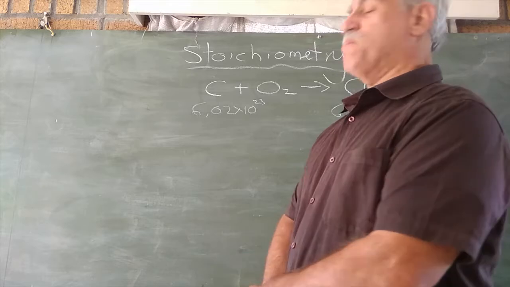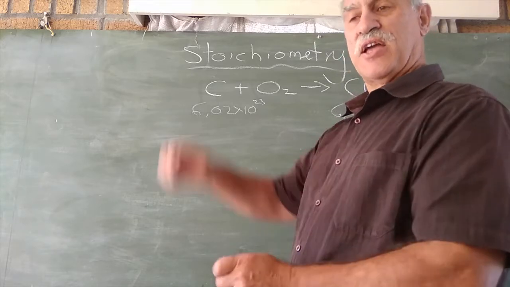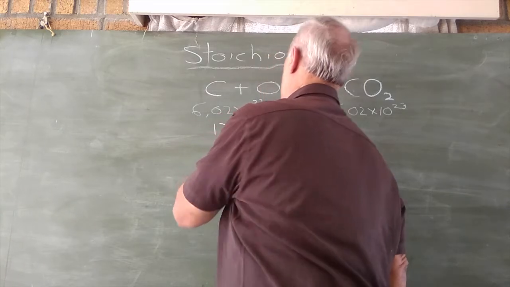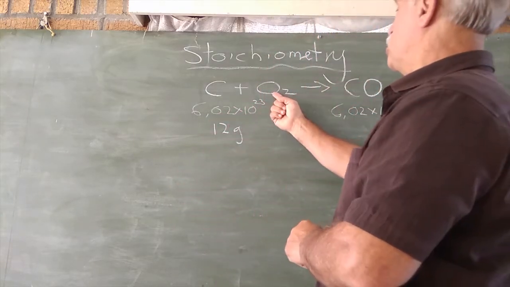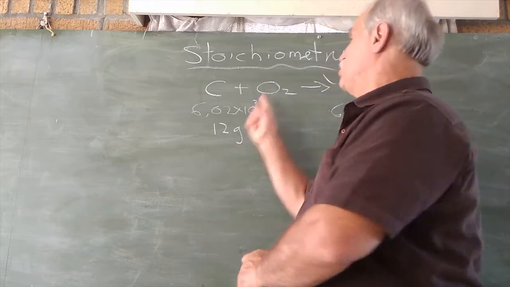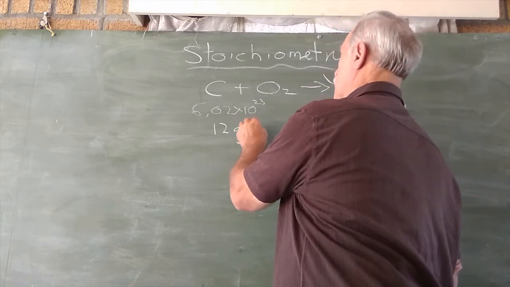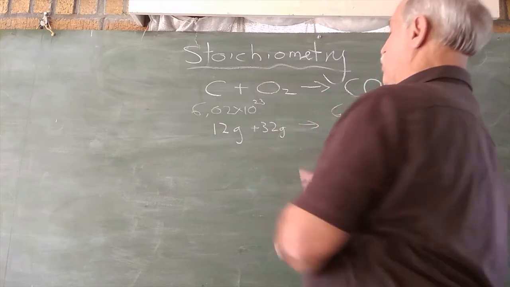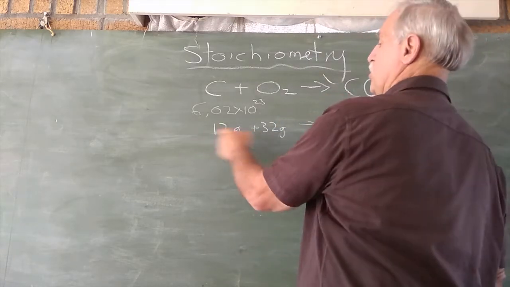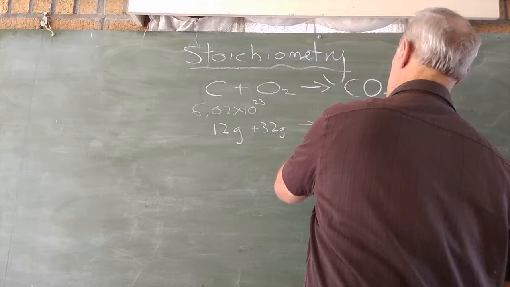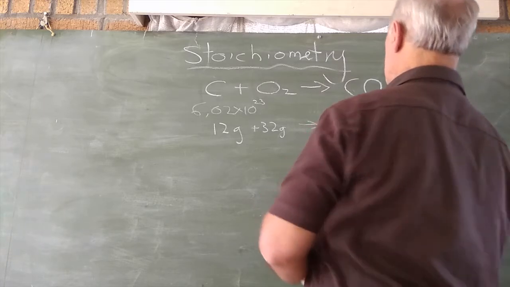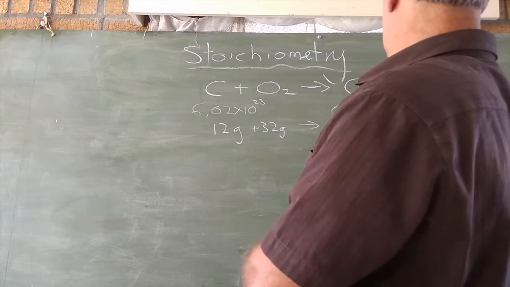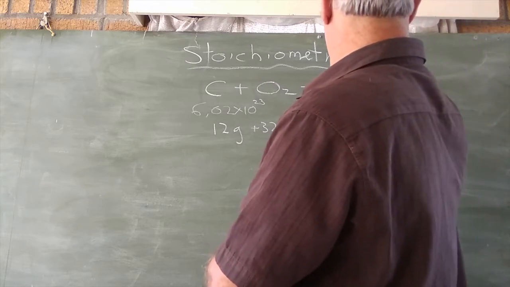Now if I go to my periodic table and I look up the atomic mass of carbon, it is 12 grams. And I look up oxygen, it is 16, so 2 16s is 32 grams. Those will go to form, if I add those two up, 44. We're going to produce 44 grams, which is what 6,02 times 10 to the 23 molecules has as a mass.